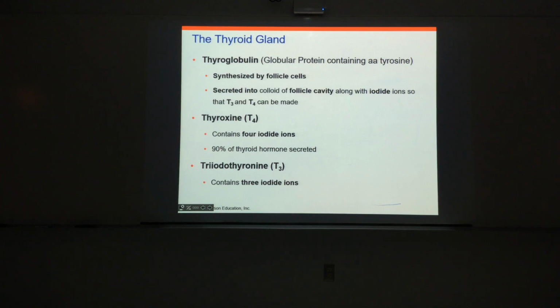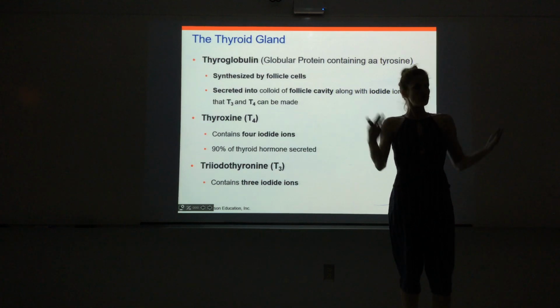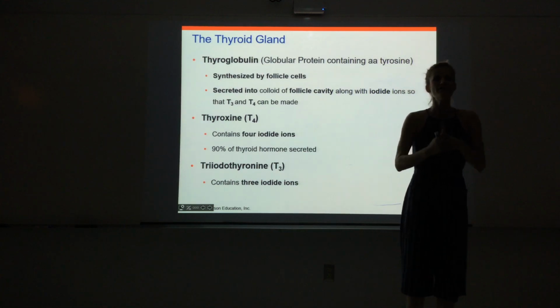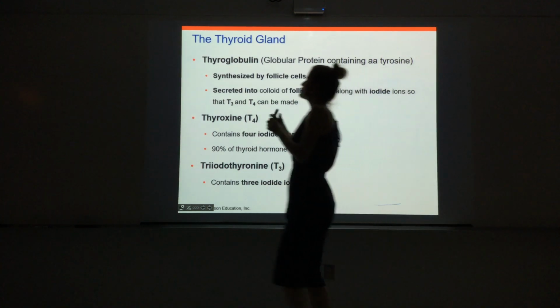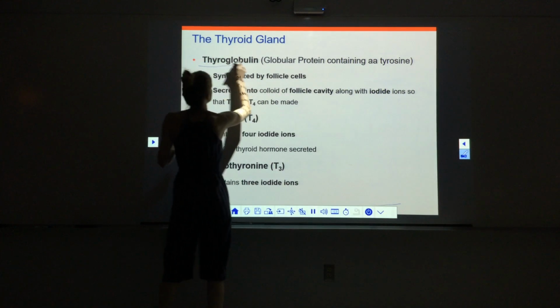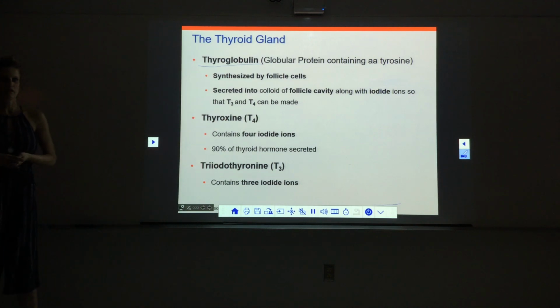Okay, so the thyroid gland. The thyroid gland produces thyroid hormones. We'll see that the thyroid hormones are T3 and T4. Now, thyroglobulin is a protein that's extremely important in the production of thyroid hormones.